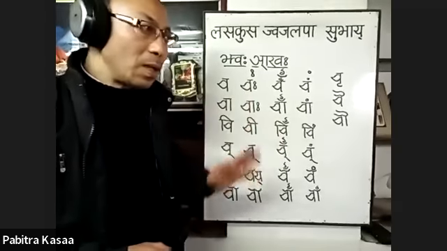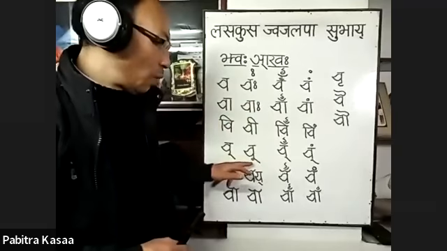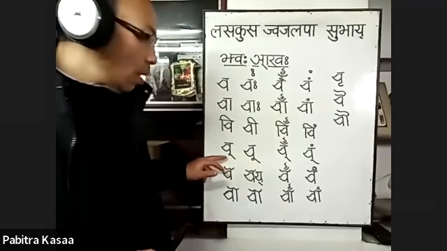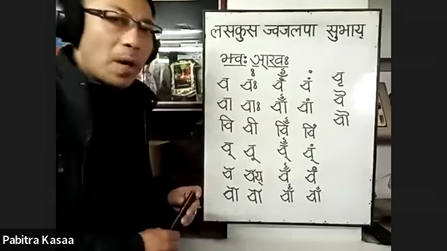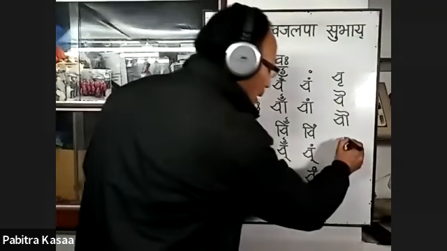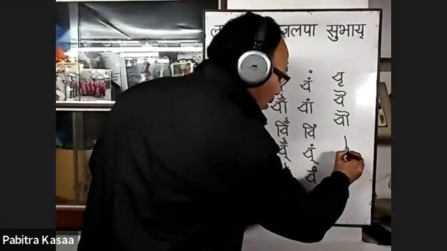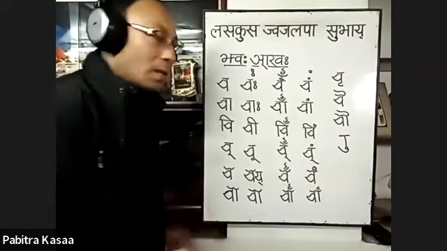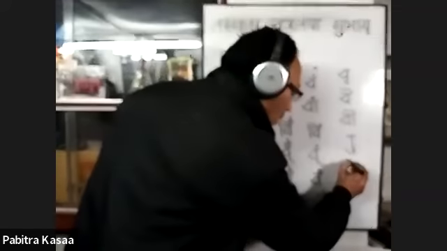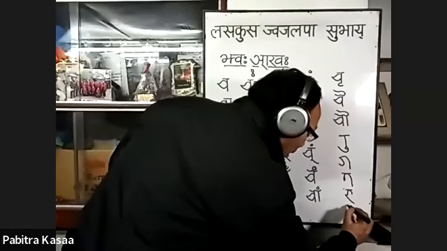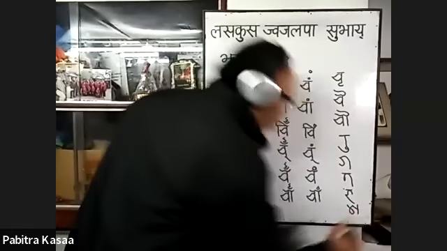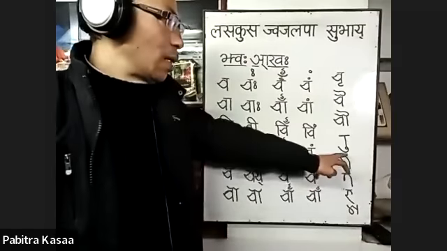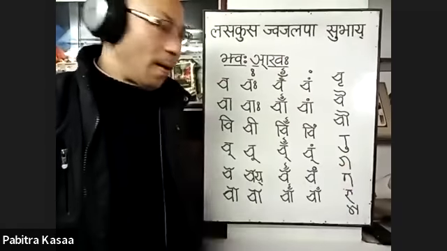But the only thing that is different is the ukar part. Go, ta, bha, and sha have the ukar written the same as in Devanagari. These four letters have the ukar same as the Devanagari.